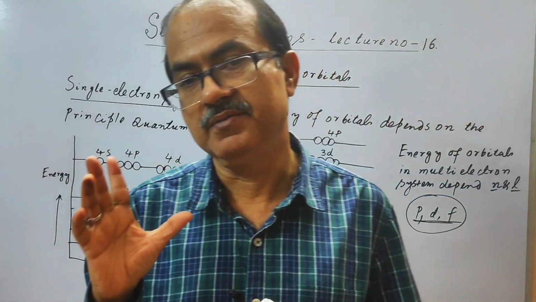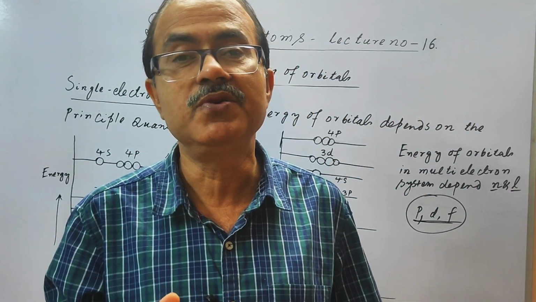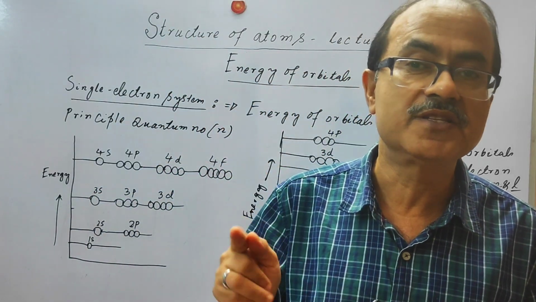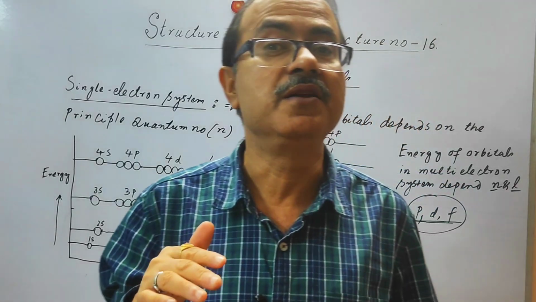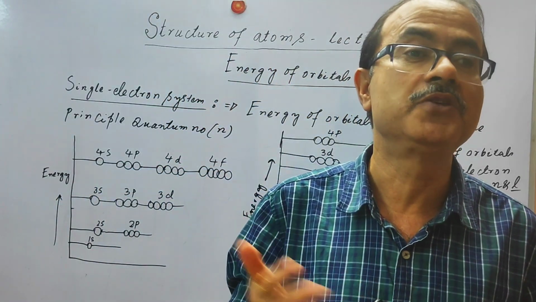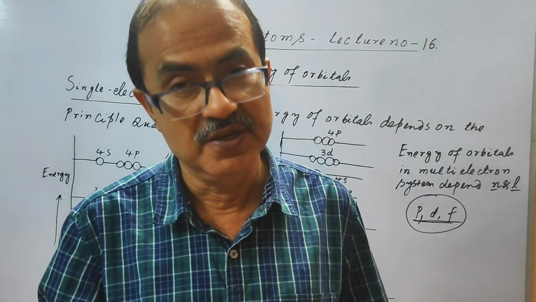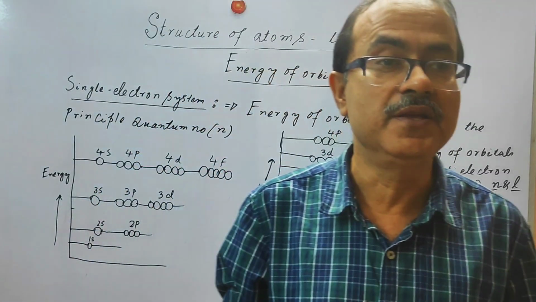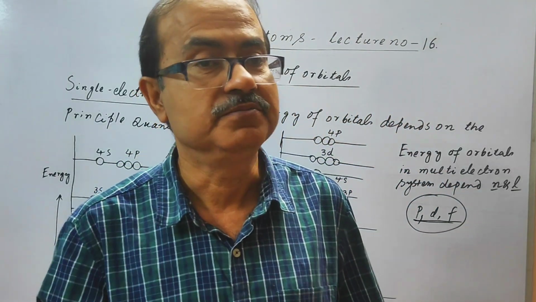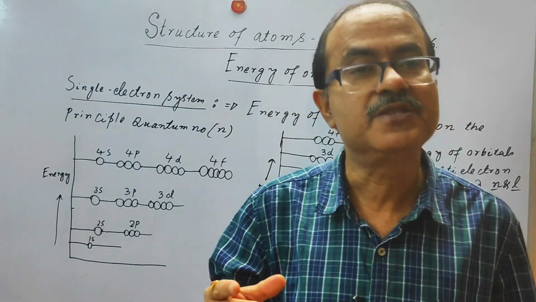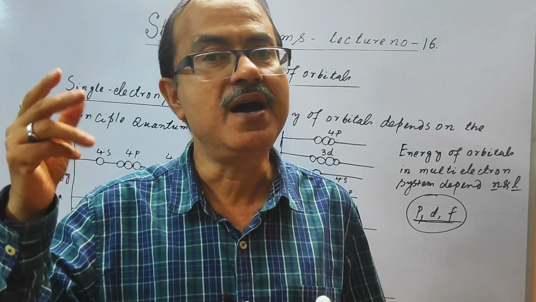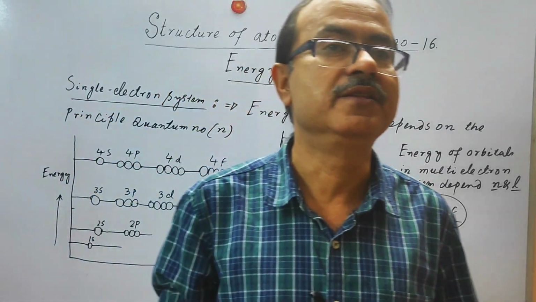Only this is there. But in the multi-electron system, apart from this attractive interaction between the nucleus and the electron, there is a repulsive interaction between the electrons. A repulsive force acts between the electrons, and that makes a splitting in the same shell, with different subshells having orbitals of different energy.